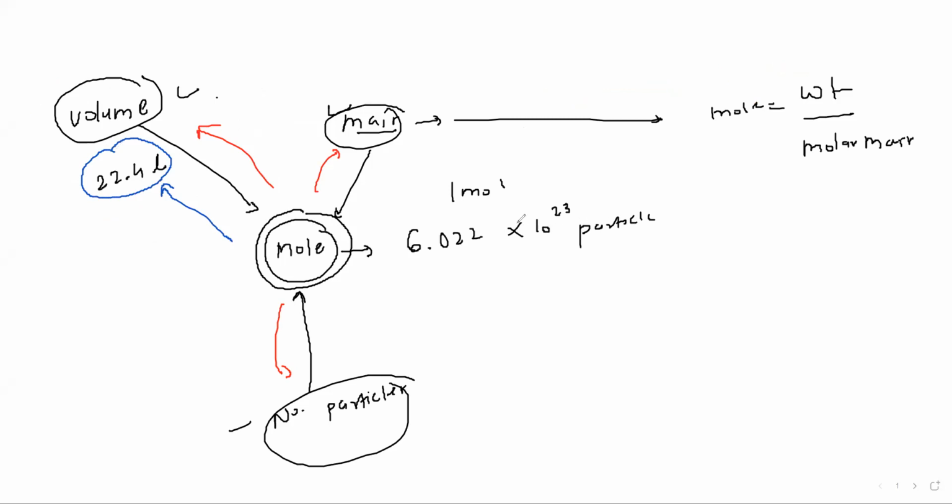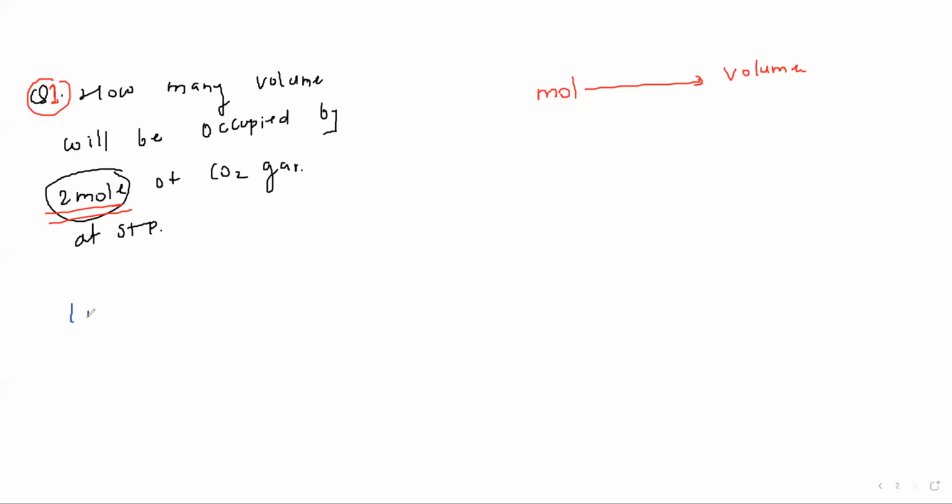Many students see, we know that 1 mole is equal to weight of substance upon its molar mass. Correct? But there is no volume occupation. So for that purpose, see here very carefully. We have a formula. Let's study the formula first very well. Multiply by 22.4 liters.